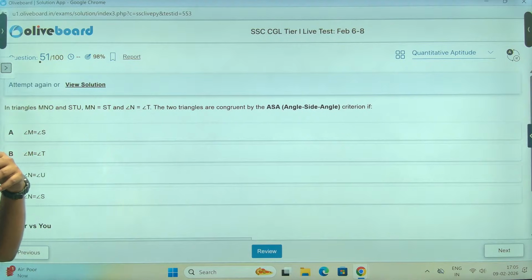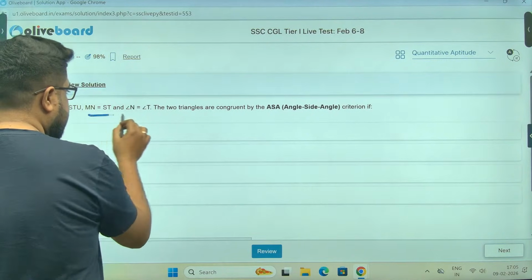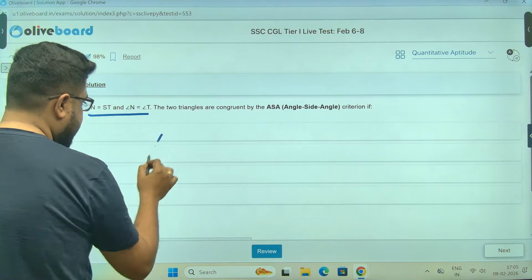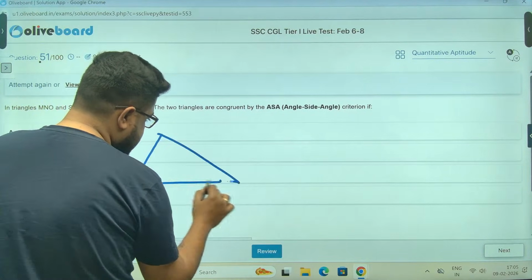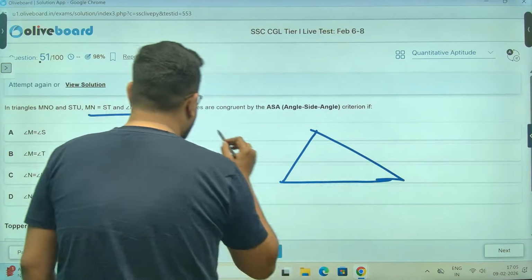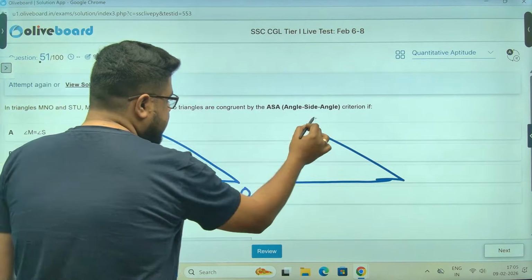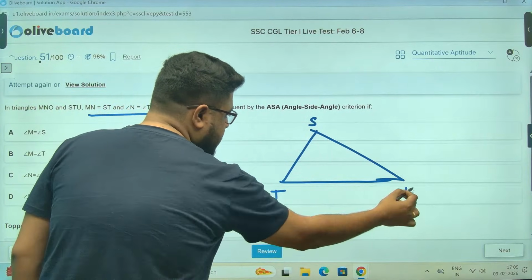In triangles MNO and STU, two different triangles are given, and we need congruency.